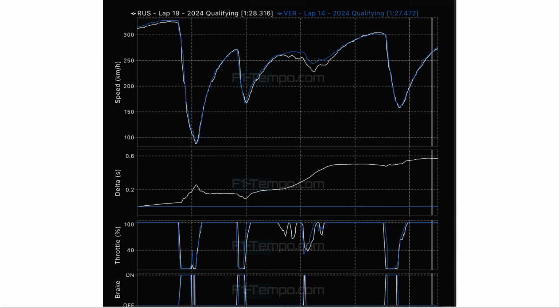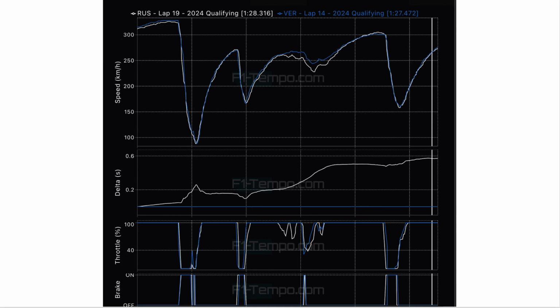The top line, that wiggly line that starts at the top and ends roughly in a similar position, is the speed trace. That is how fast each driver is going along the distance of sector one.